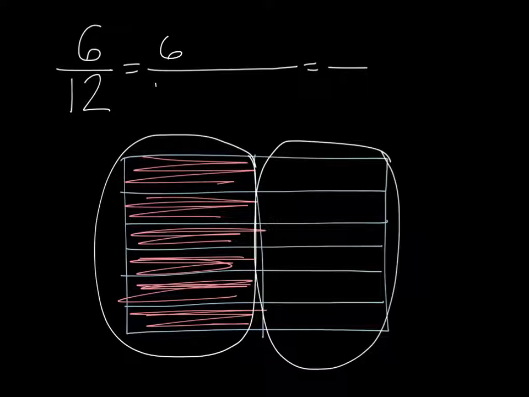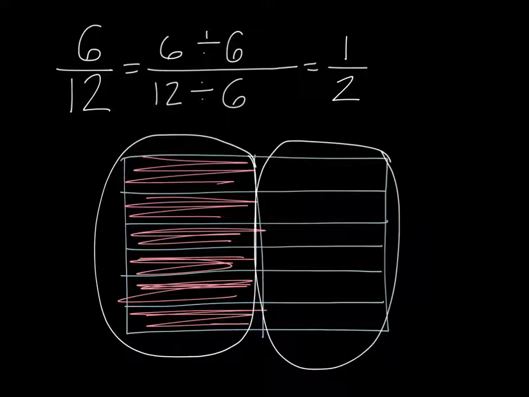So I'm going to take my original fraction, 6/12, and I'm going to divide that 6 by 6, and I'm going to divide the 12 by 6 as well, because I have 6 equal pieces in each of these groups that I made. So 6 divided by 6 is 1, 12 divided by 6 is 2.